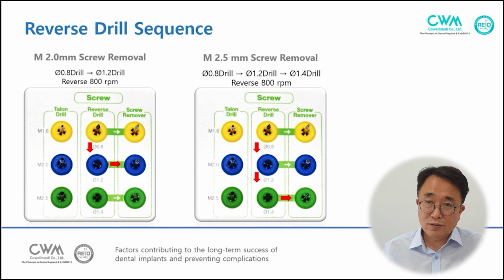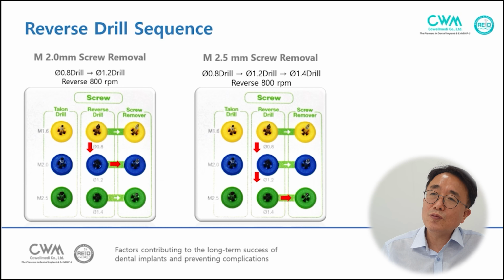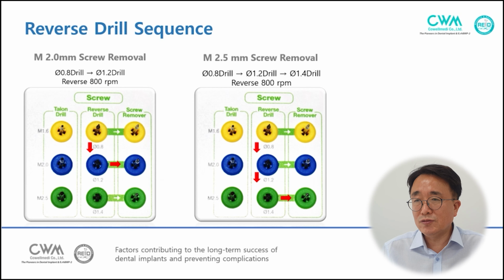So the screw reverse drill sequence is first 0.8 and then 1.2 diameter drill. And for diameter 2.5 millimeter screw removal, first 0.5 millimeter drill and then 1.2 drill and finally 1.4 drill is recommended.